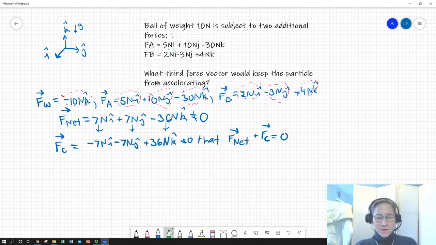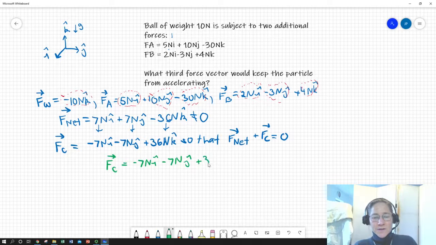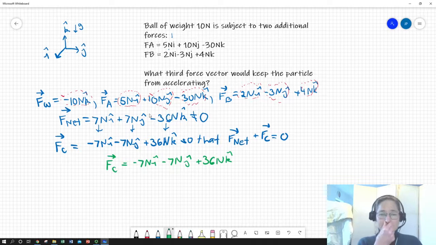I'll rewrite it down here in green: FC of negative 7 newtons in the I hat direction, negative 7 newtons in the J hat direction, and positive 36 newtons in the K hat direction is what we would apply to put this ball, which we are treating as a particle, into static equilibrium, given that it has a weight of 10 newtons and it had these two forces already being applied. So we're done.